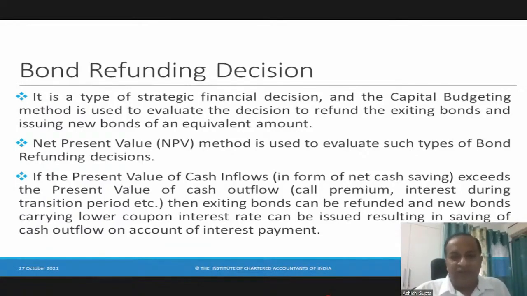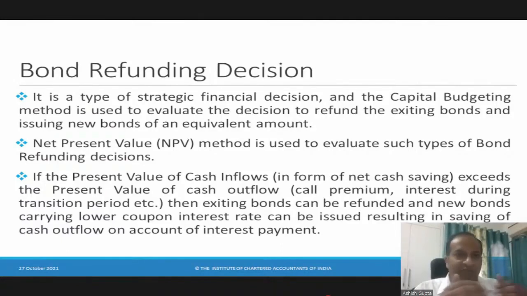If the present value of cash inflows in the form of net cash saving is greater, that is most important. Let me give you a very small example. Whenever any company goes into the market and raises bonds, they will offer the bond at a rate prevalent in the market, somewhere nearby.